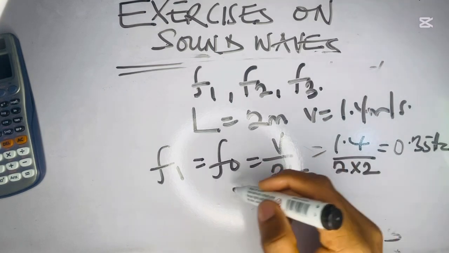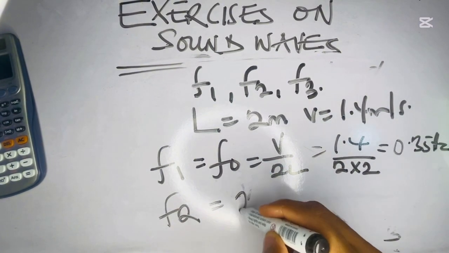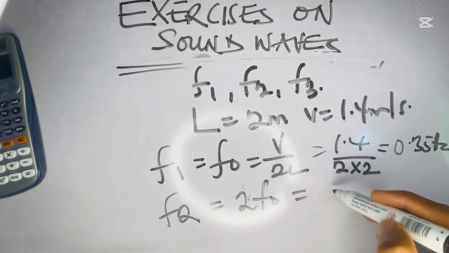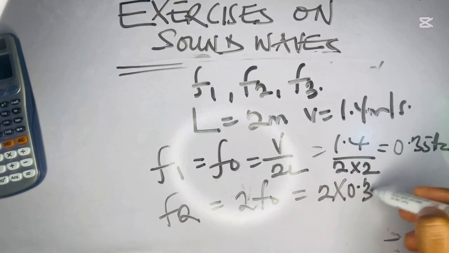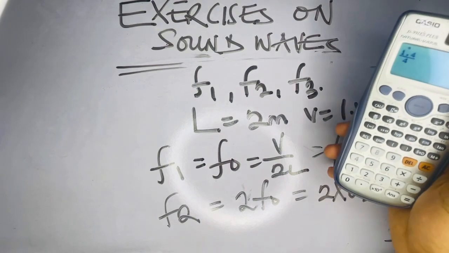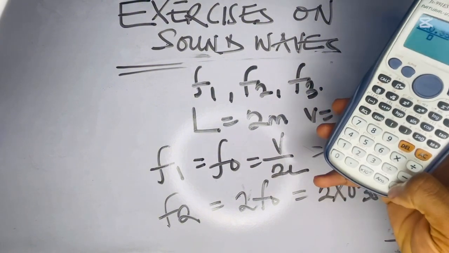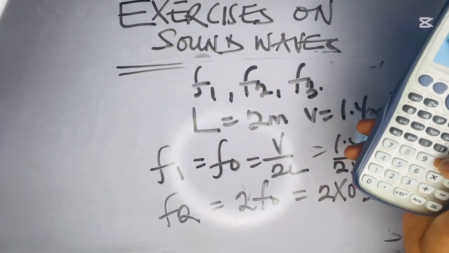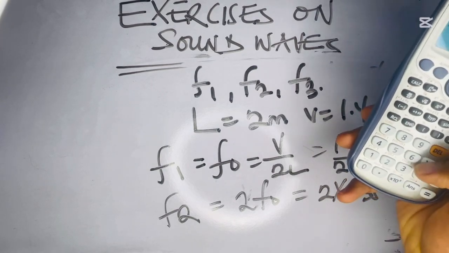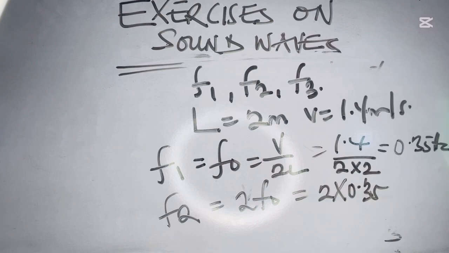Now the next one, our second harmonic F2, will be 2 F naught. So it's 2 times 0.35, which gives us 0.7, so F2 equals 0.7 hertz.